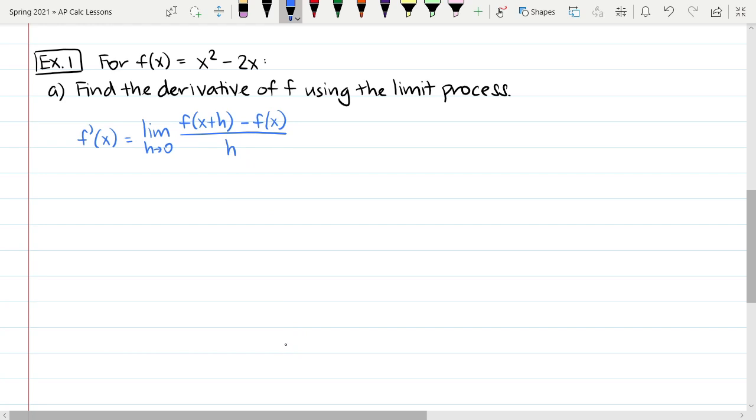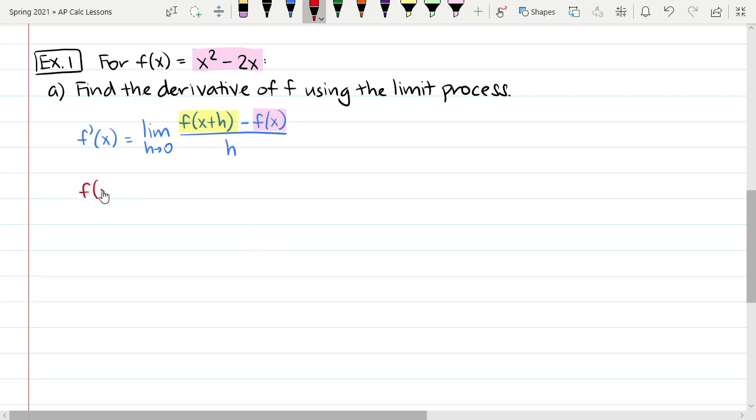So now what we need to do is we need to be able to substitute. We need to find the expression for f of x plus h. We already know f of x. F of x was given to us. That's x squared minus 2x. But we need to get an expression for f of x plus h. Now remember, what that means is in the original function, everywhere I have an x, I'm replacing it with x plus h.